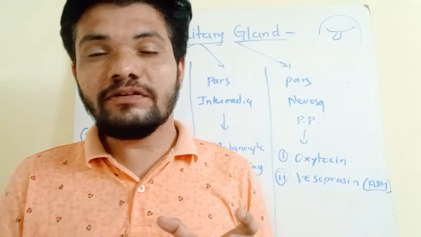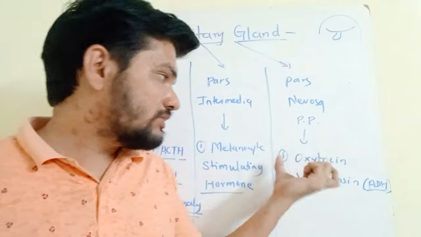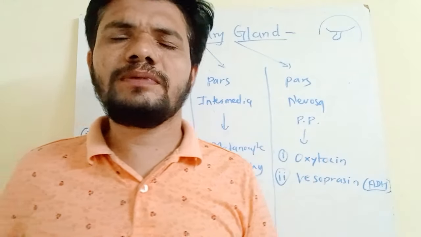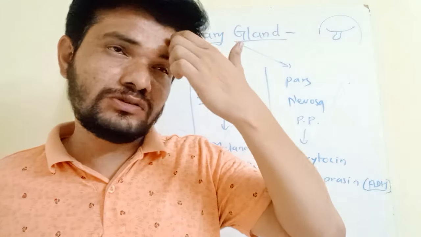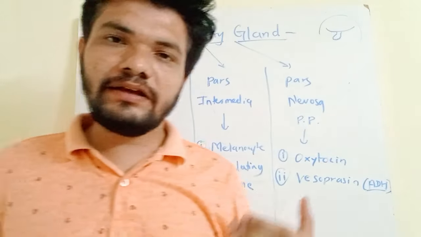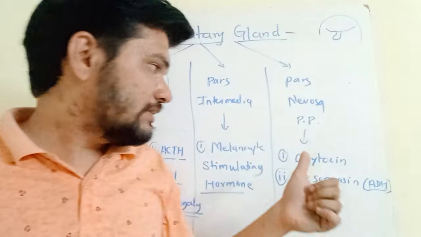For the delivery of the baby, those muscles should contract. So this oxytocin helps in the contraction of the uterus muscles in the middle layer, which is called the myometrium, right? So myometrium has smooth muscles, and for their contraction, this oxytocin helps.